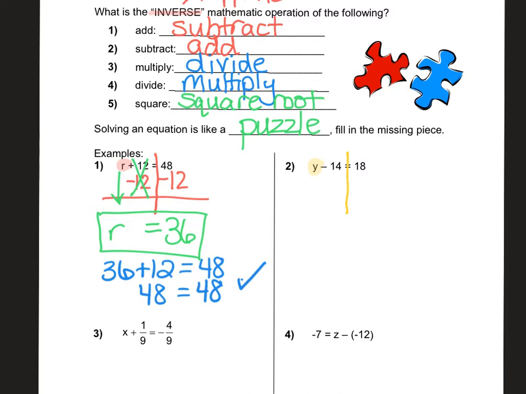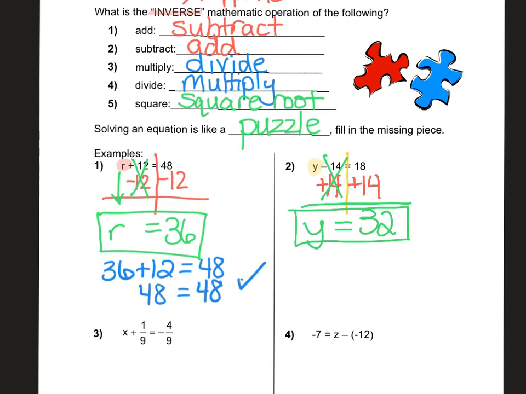So the opposite of subtracting 14 would be to add 14. And again, whatever I do to one side, I have to do to the other. By doing that, you can see we canceled out 14. We bring down our y, and 18 plus 14 is 32.